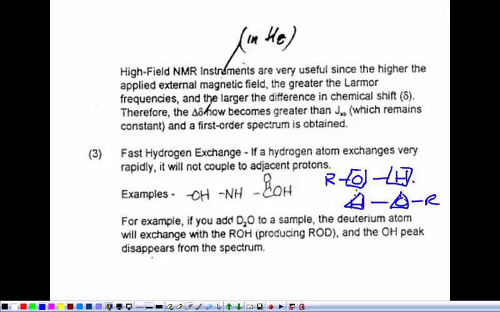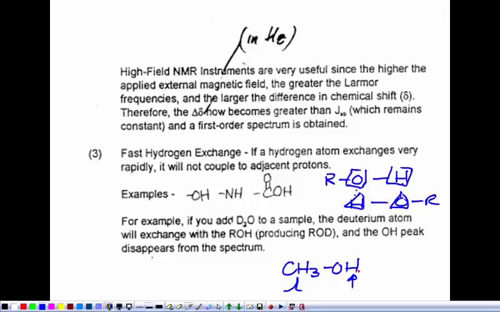And what it also then means is that if that hydrogen, that OH, is constantly being swapped out with another, it can't split its neighbors. Because during the snapshot, it's not the same hydrogen sitting there. If multiple hydrogens come in and out, it doesn't split the neighbors.